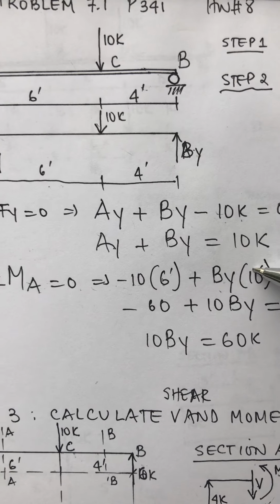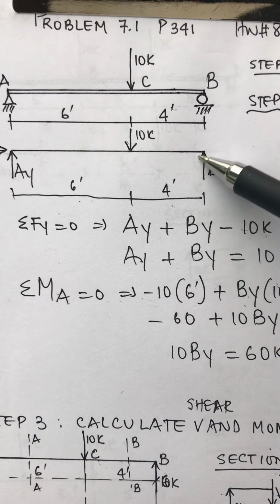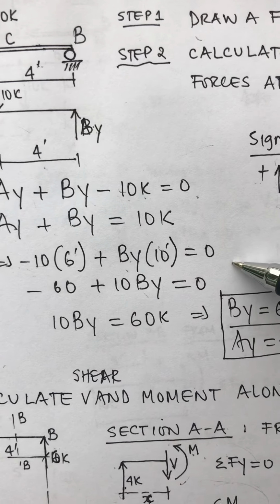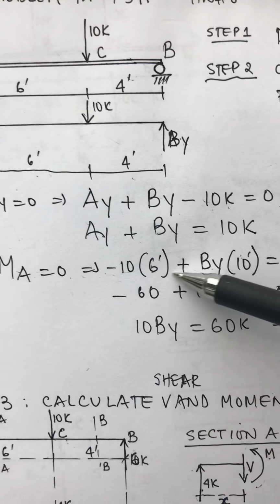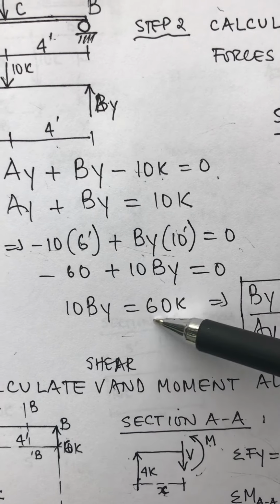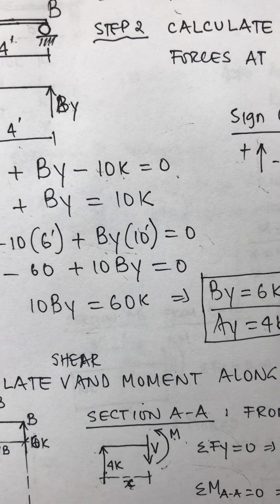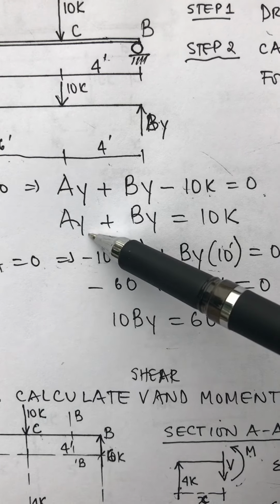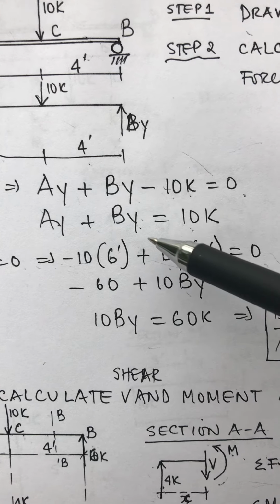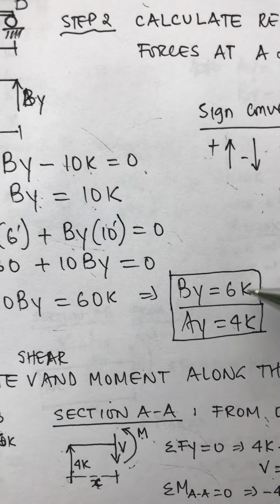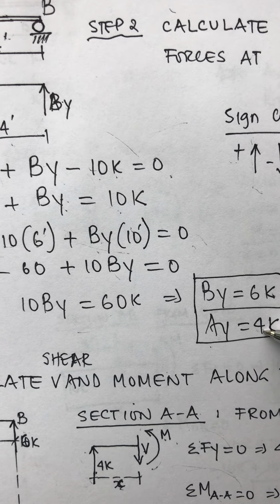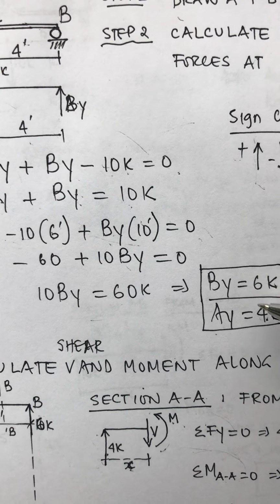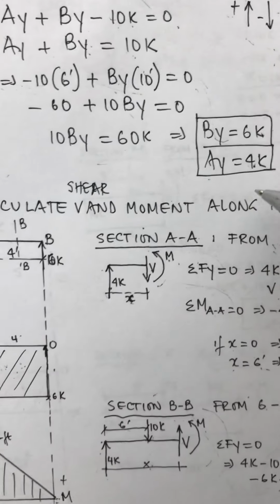And the distance is 10, 6 plus 4 gives you 10. So BY times 10 equals 0. If you solve this, you find that BY is 6K, okay? And because AY plus BY is 10, if BY is 6, AY needs to be 4, okay? That's how you get my reaction forces.